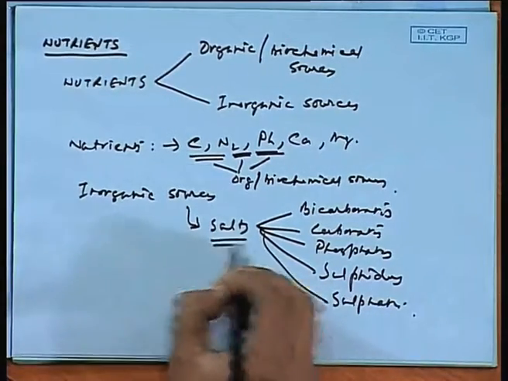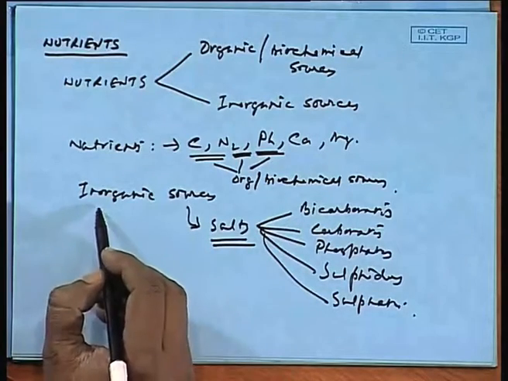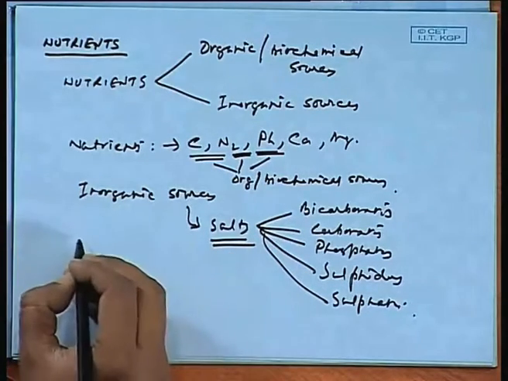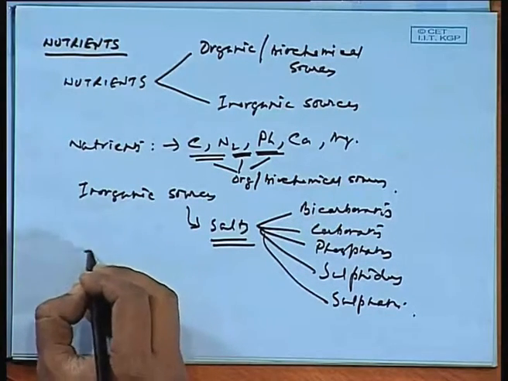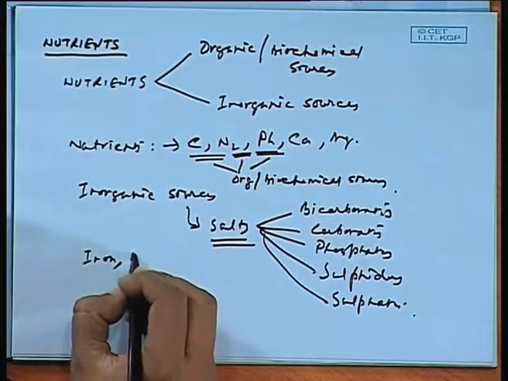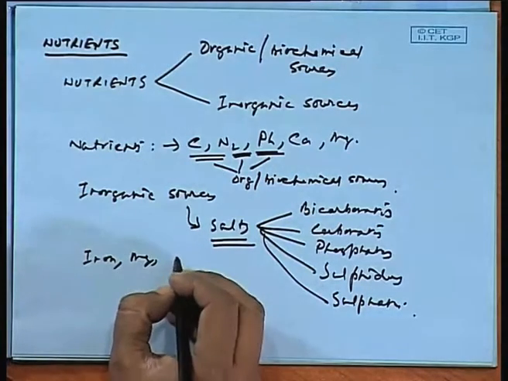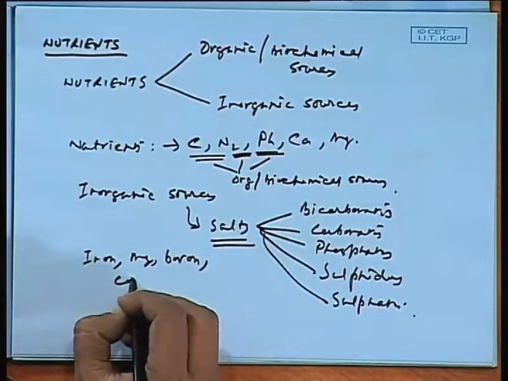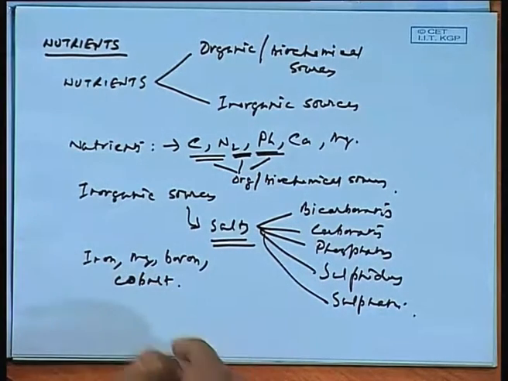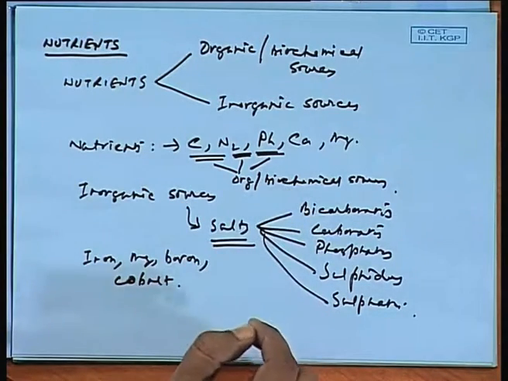All this would provide inorganic sources, where we also get a number of important constituents like iron, manganese, then boron, cobalt, etc.